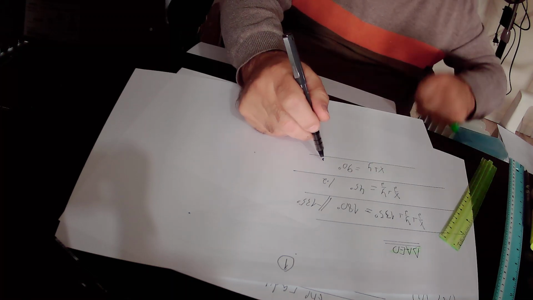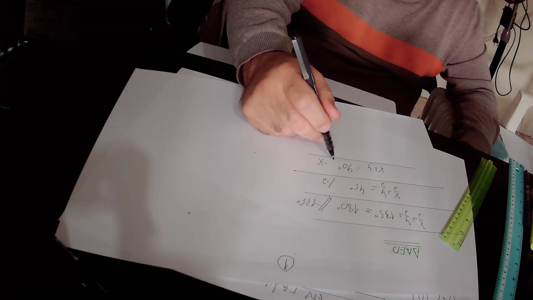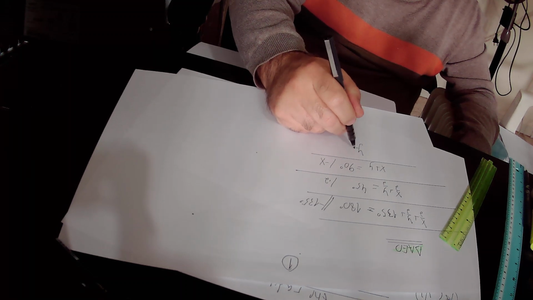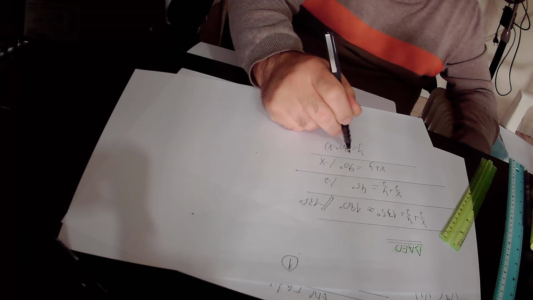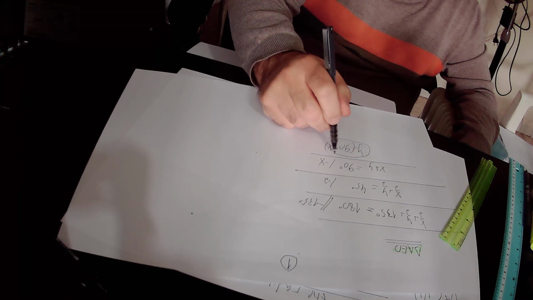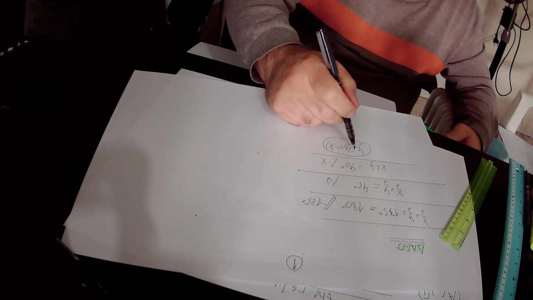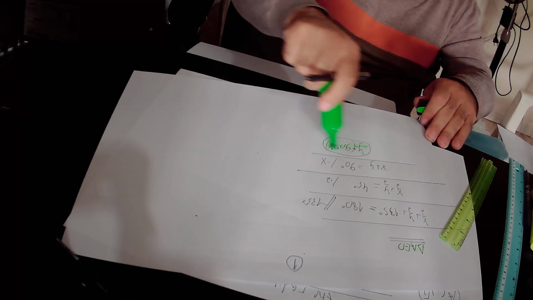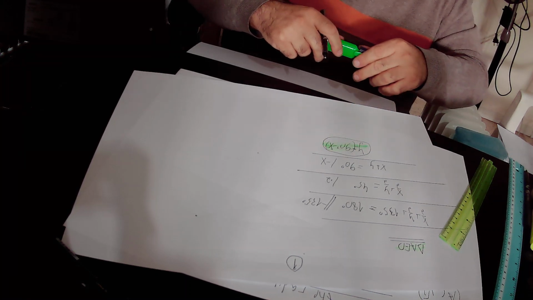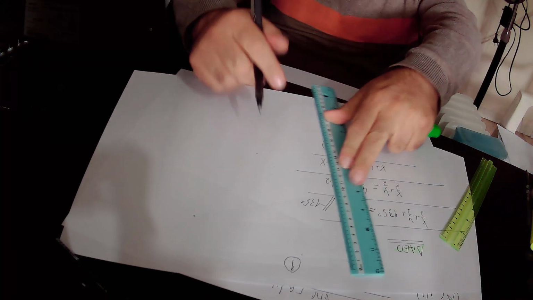Therefore we subtract x from this equation and we get that y equals 90 degrees minus x.